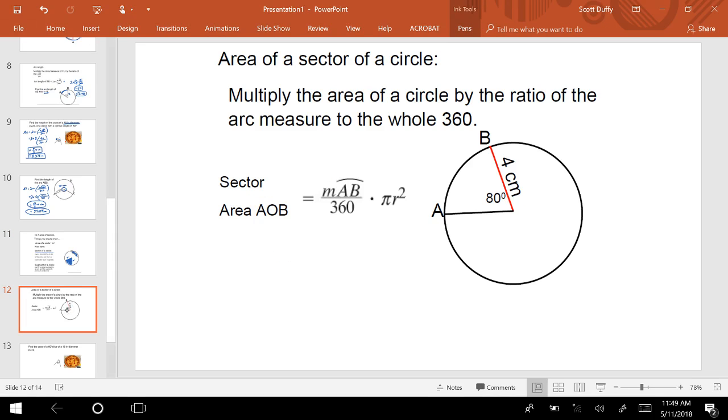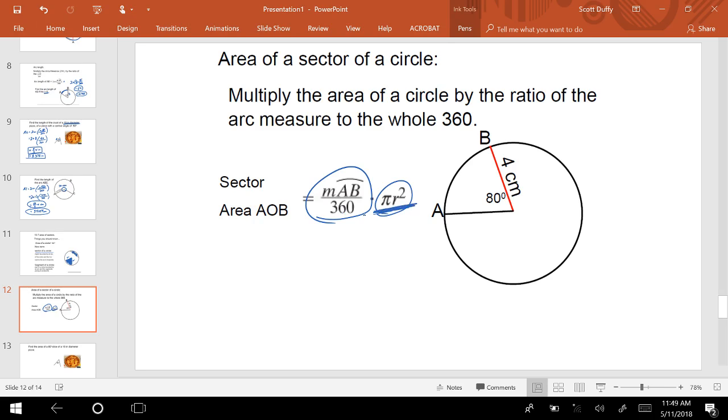Now, if I want to know the area of a sector, you multiply the area of the circle, the whole area, by the ratio of the arc measure to the whole 360. So what that means is you multiply the whole area by the portion ratio. So it's very similar to the last steps that we did to find the arc length. In this case, we use the area formula.